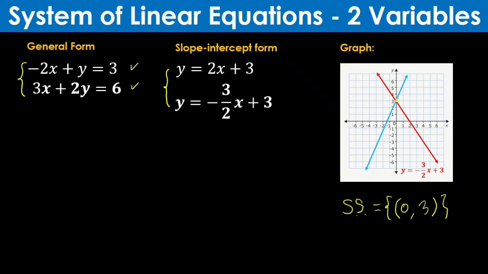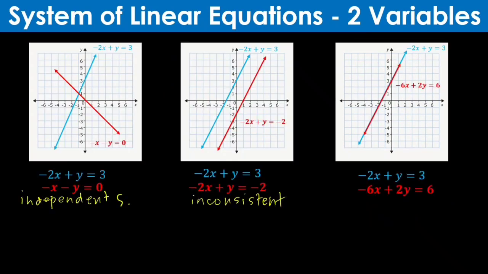Now, let's go to the types of systems of equations. Here, it's similar to the previous one. We have one intersection or one solution. And the solution set for this one is the set of points where your x is -1 and the y is 1.